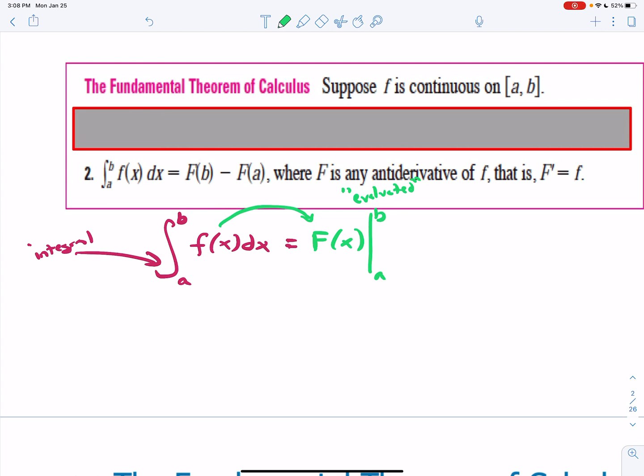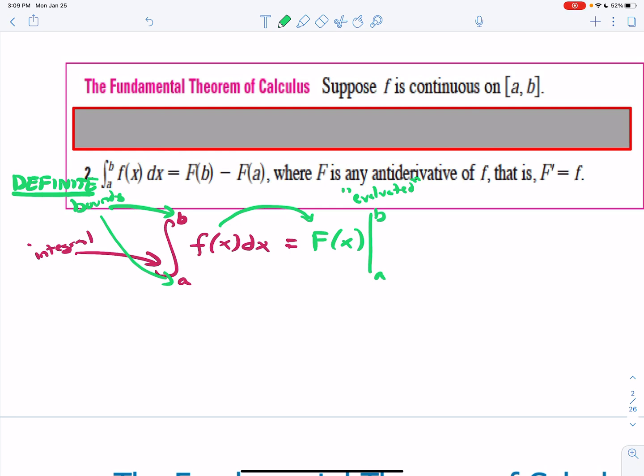Now, these right here are called bounds. Okay, so you're finding the antiderivative specifically from one end to the other. Now if your integral has bounds, we call that a definite integral. If your integral does not have bounds, you call it indefinite, okay?